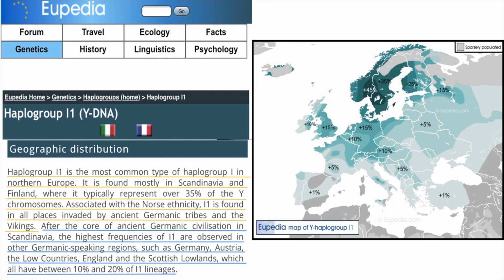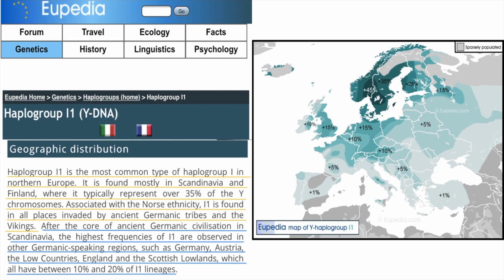After the core of ancient Germanic civilization in Scandinavia, the highest frequencies of I1 are observed in other Germanic-speaking regions such as Germany, Austria, the Low Countries, England, and the Scottish Lowlands, which all have between 10% and 20% of I1 lineages. And there's a map just showing you haplogroup I1.